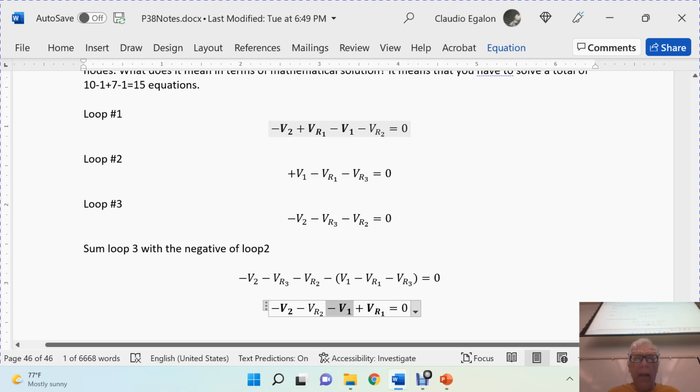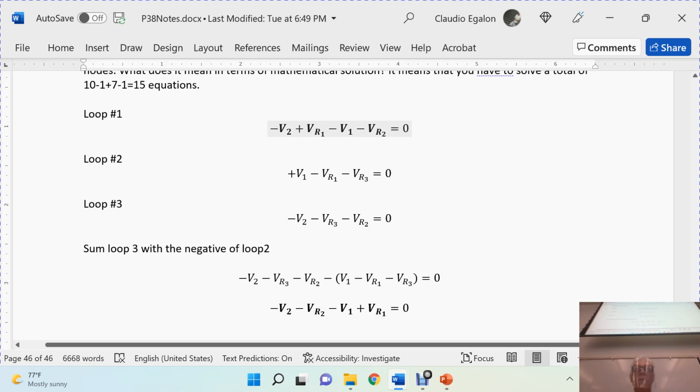And you have minus VR2 here, and minus VR2 here as well. So I proved to you that one of the equations is linearly dependent on the other two. So this equation here is linearly dependent on the other two, or vice versa, right? You could also say that this one is linearly dependent on the other two.